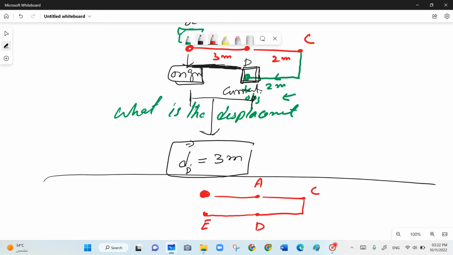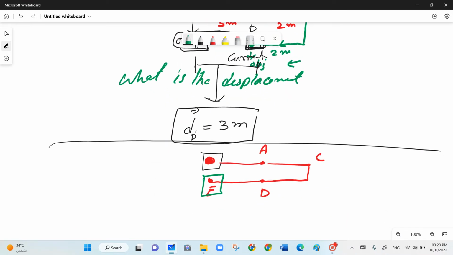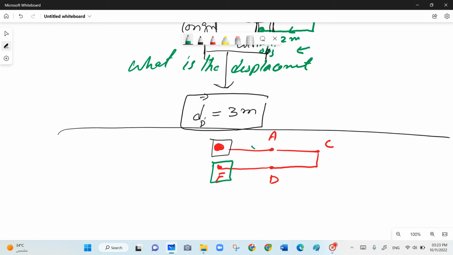Now if I ask you the question, this is the origin, in the black circle, and in the green one, this is the current position. So what is the displacement now? It went to A, then it went to C, then it came back to D, and now it reached back to the same place as the origin.